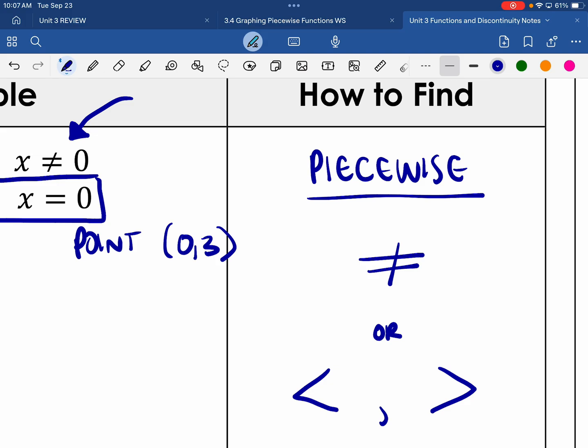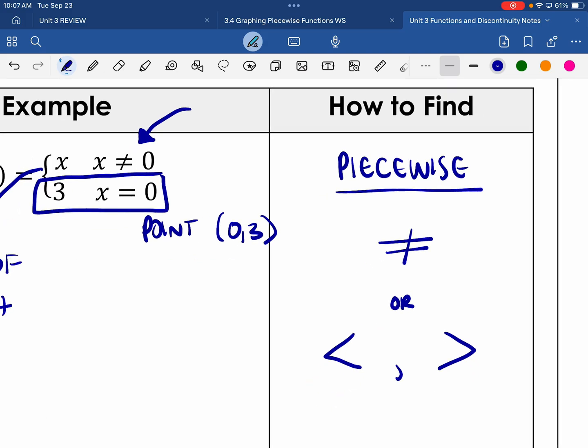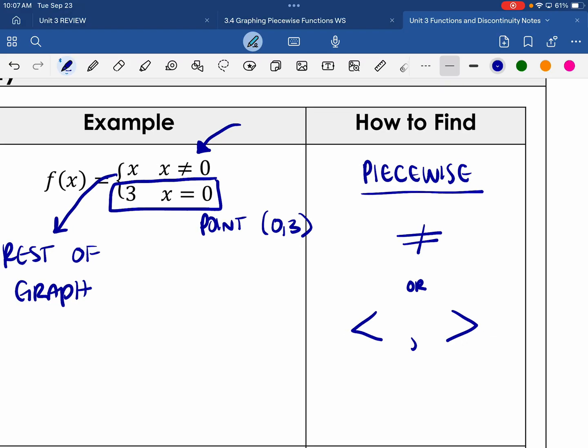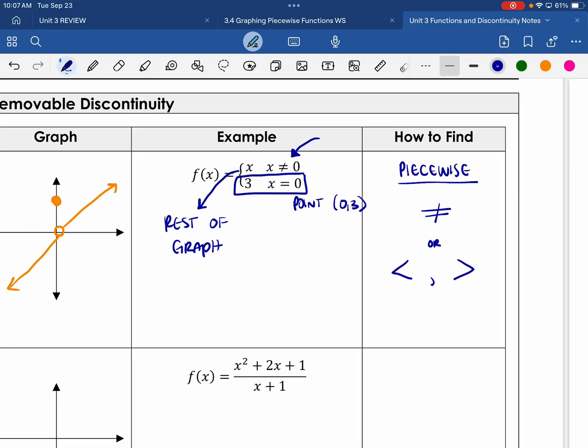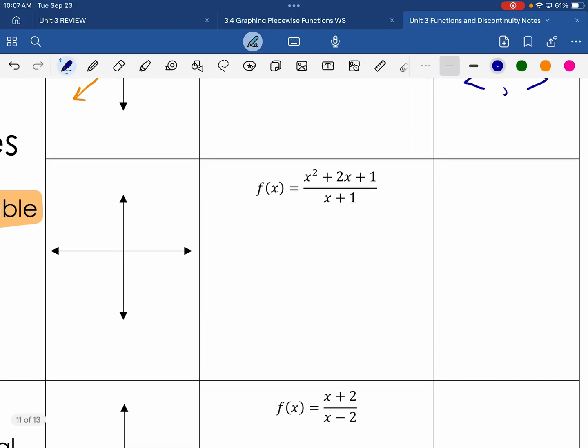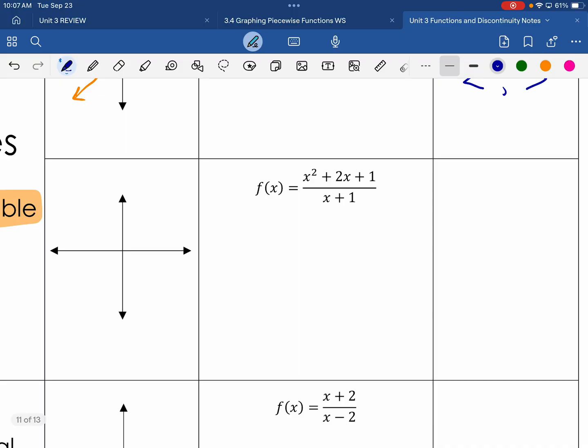And I have an example with the inequalities here later on. But the more common hole is going to be the cannot equal to, the equal sign with the slash through it.